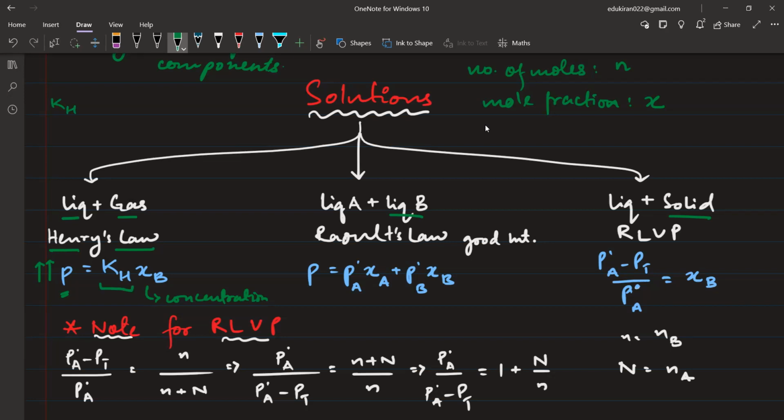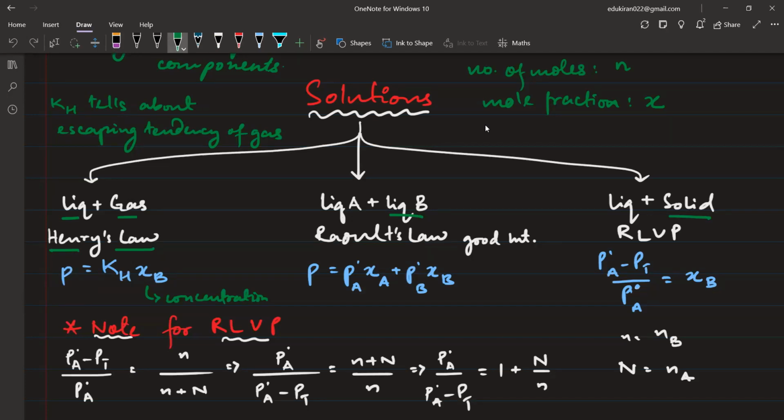That means KH tells about the escaping tendency of gas. If KH is higher, the gases from the solution are going to escape very easily. Because if the mole fraction is the same and still the partial pressure is higher for a particular solution, that means KH is higher. That means KH is telling you about the escaping tendency.